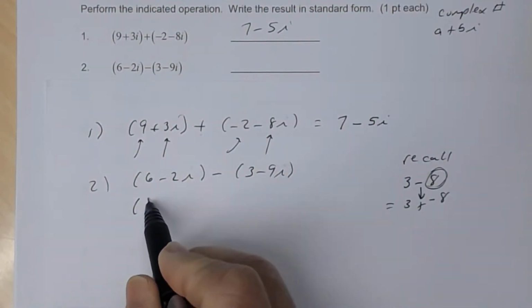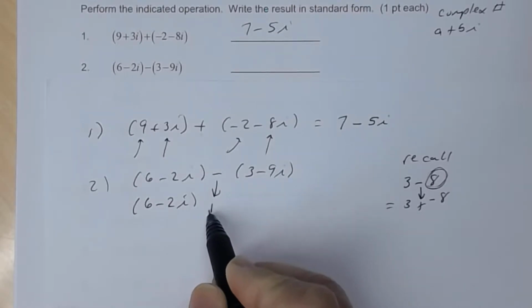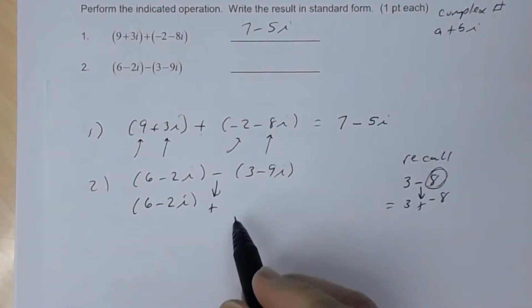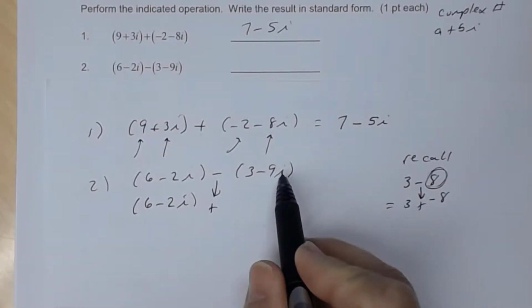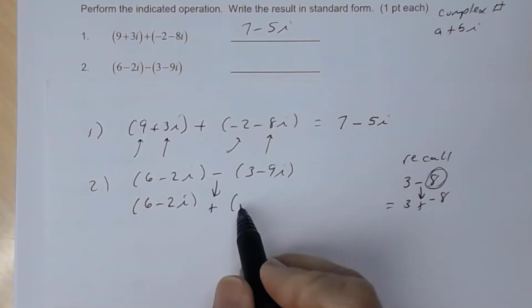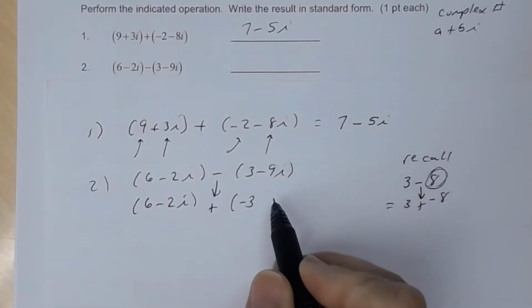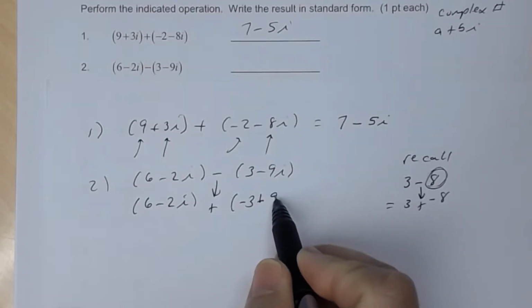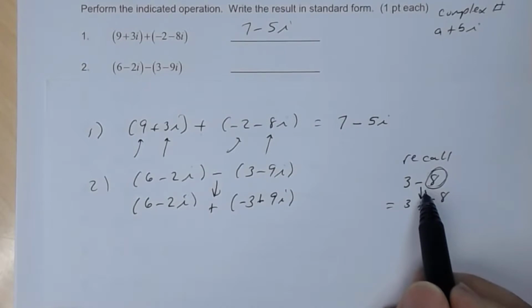So you're going to say that's 6 minus 2i. You're going to change this to addition, just like we did here. And then you're going to take the opposite of every term in these parentheses. So the opposite of 3 is a negative 3. The opposite of a negative 9i is a positive 9i. All right, so this approach uses this.